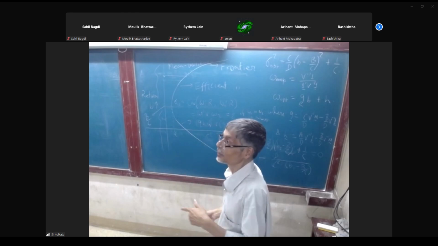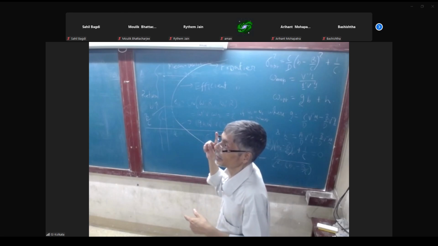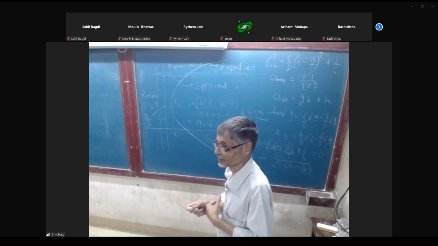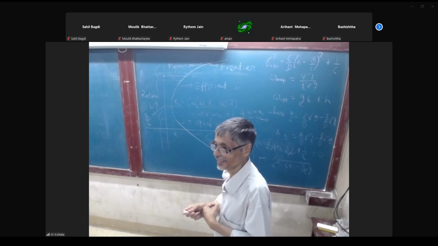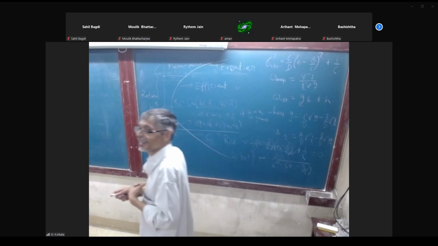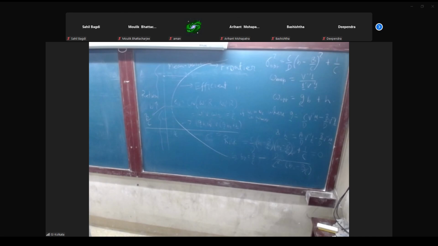A hyperbola 1 by x equal to 1 by y is the rectangular hyperbolic form. But if it is x equal to 2 minus 1 by y, what could that be? So it's a change of coordinates. Draw x equal to 2 minus 1 by y, what does it look like?